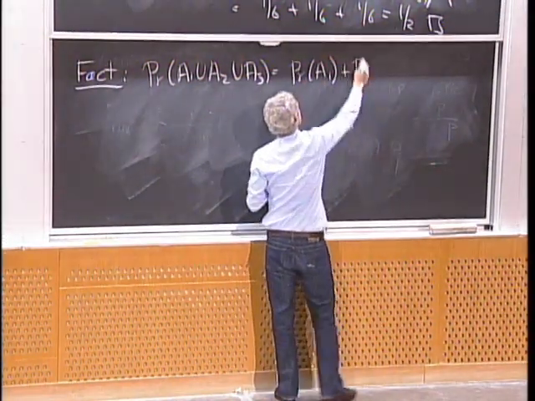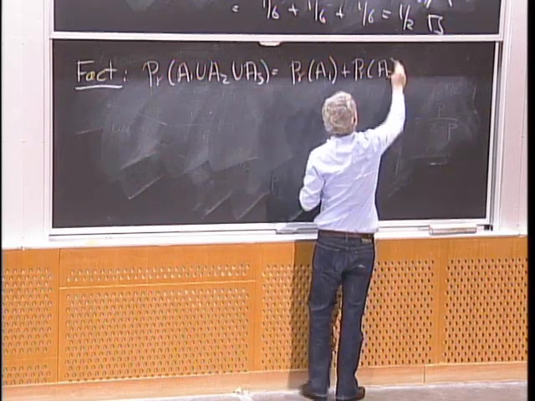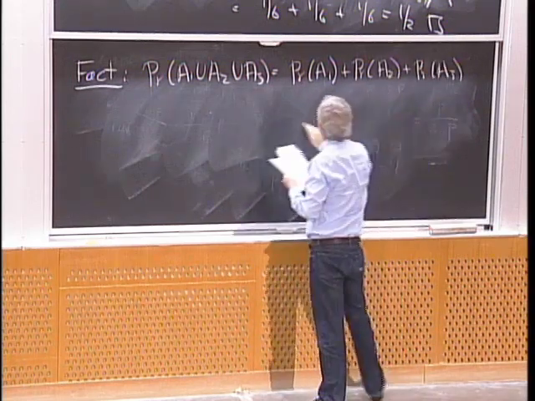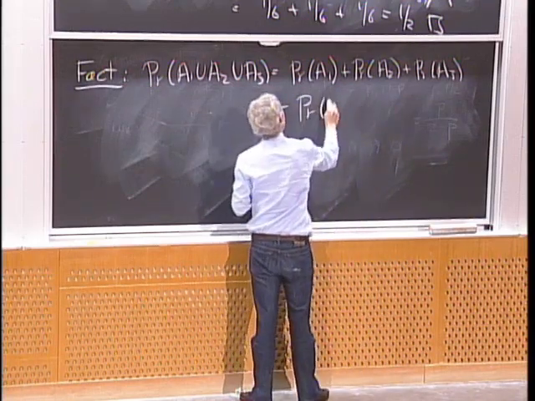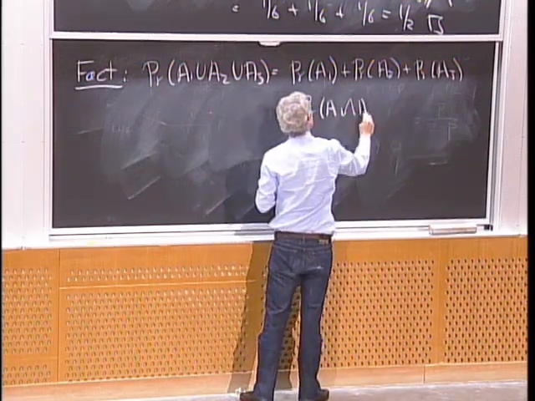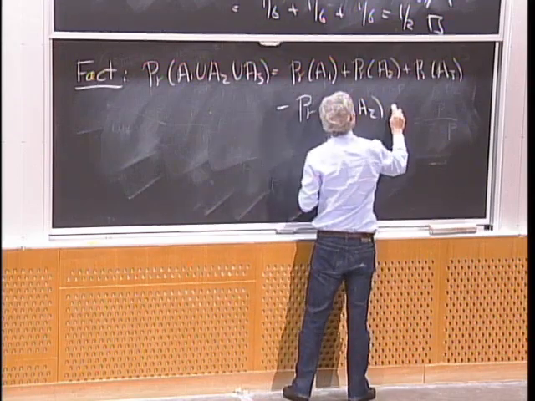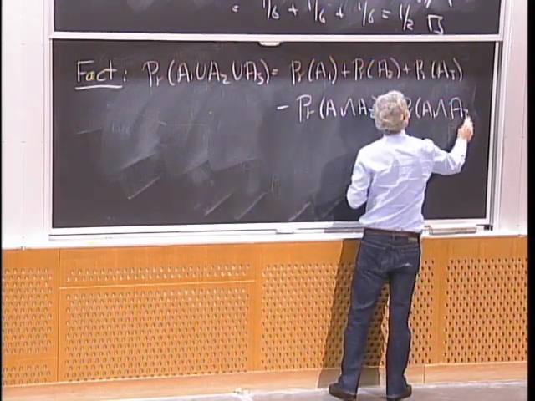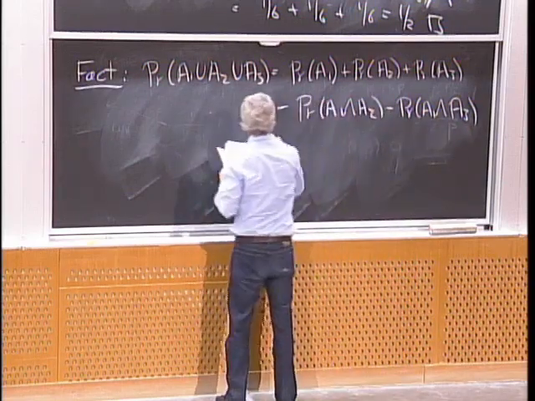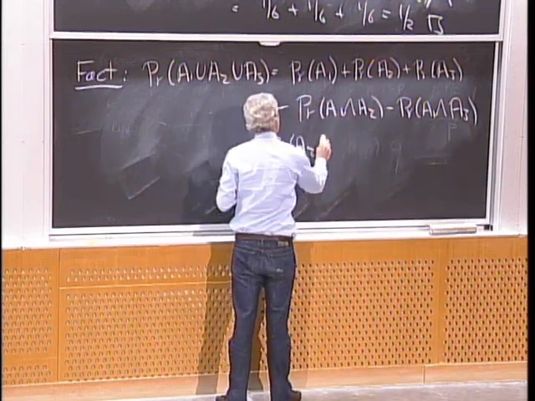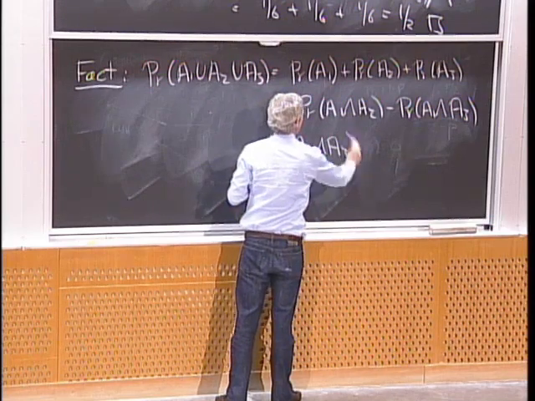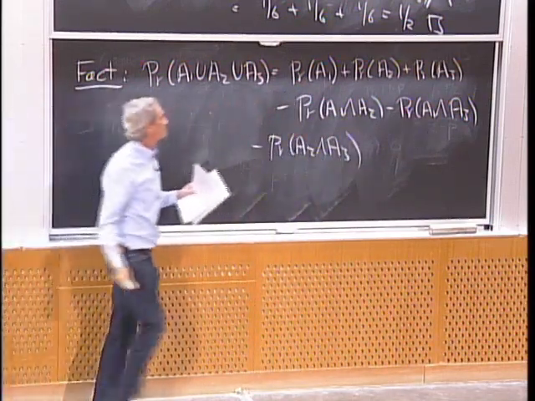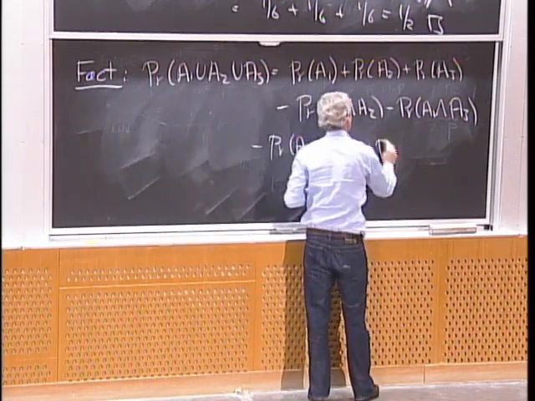It's the probability of A1 plus the probability of A2 plus the probability of A3 minus the pairwise intersections, A1 intersect A3, minus probability of A2 intersect A3. And is there anything else? Plus the probability of all of them matching.